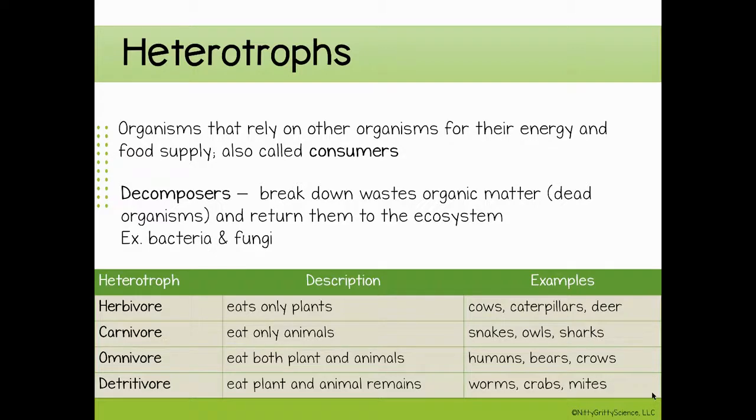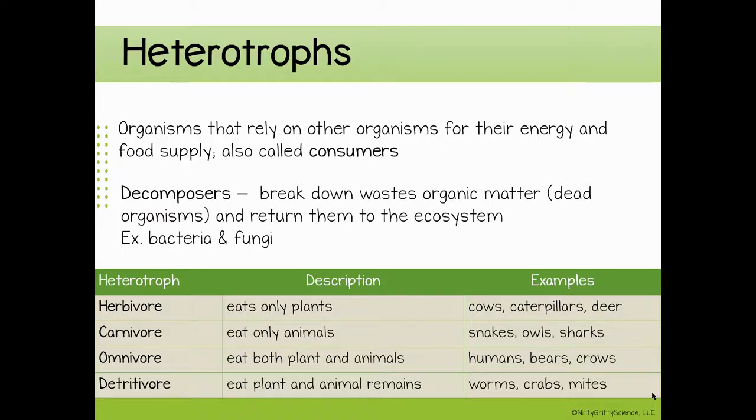The organisms that eat only animals and meat, we call those carnivores, like snakes and owls, okay? Humans, like us, we like to eat both plants and animals. So we are consumers that are called omnivores, right? Along with bears and our friendly crows of the sky, they are also omnivores.